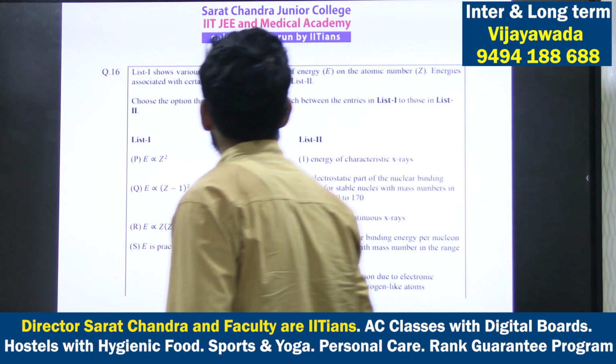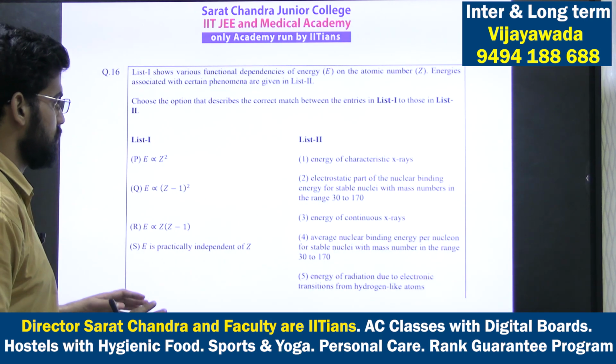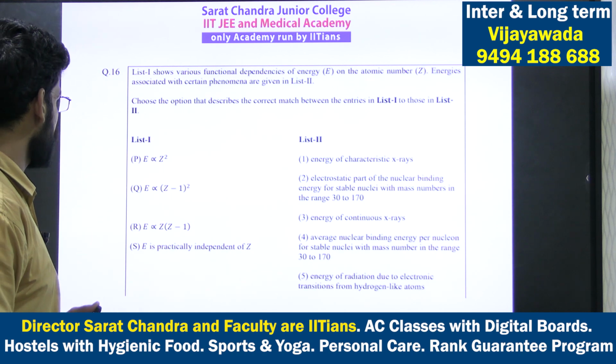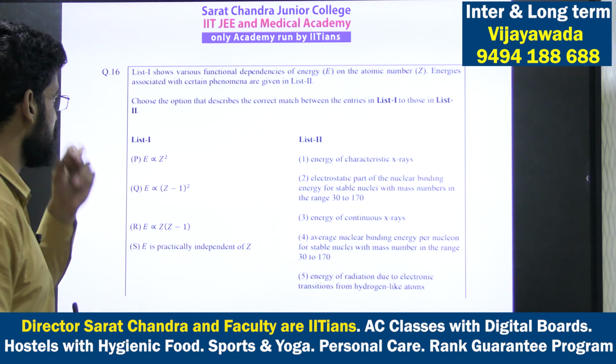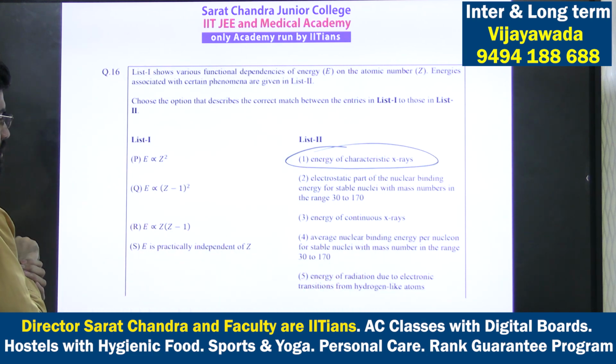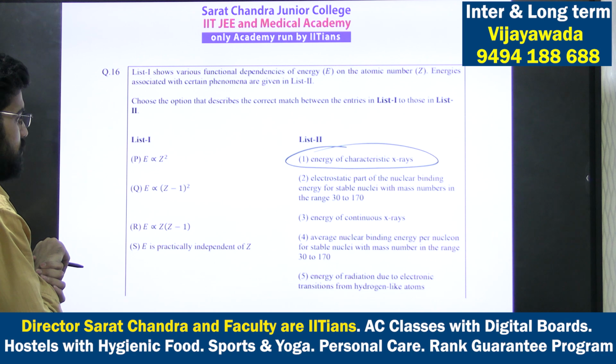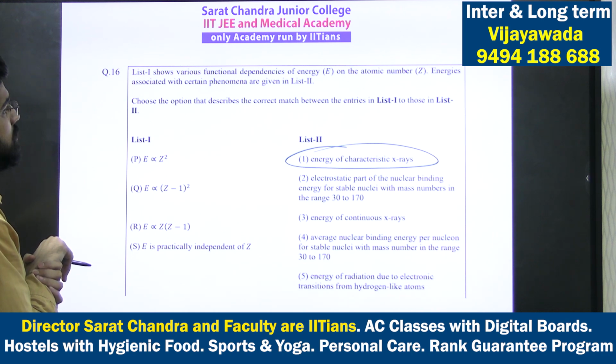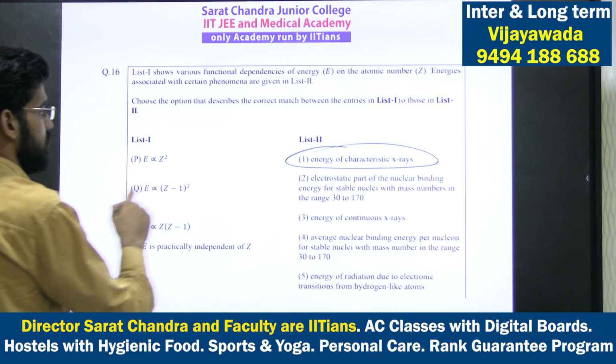16th, if you see the questions, you don't have to go with the complete question, go with whatever you know. So energy of characteristic X-ray, that I know is proportional to, it is asking energy, so I know Z minus 1.